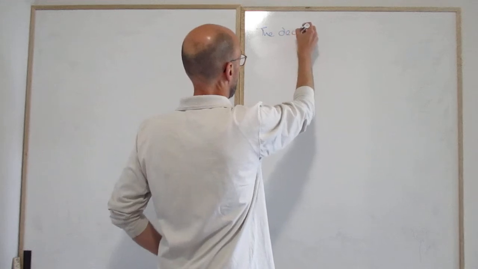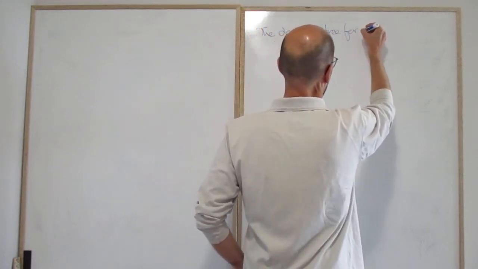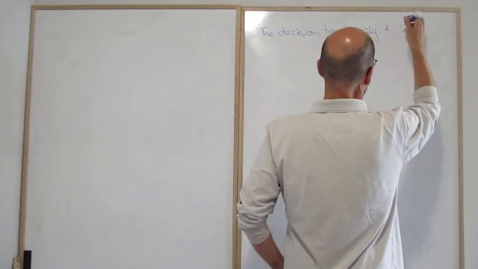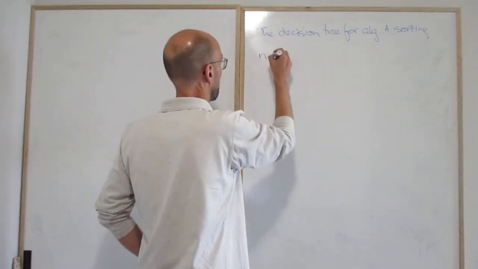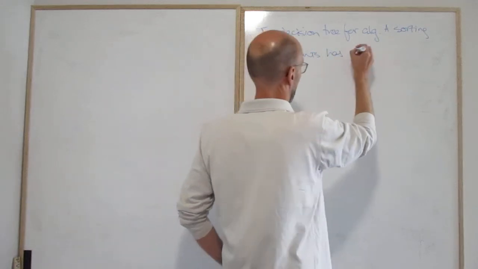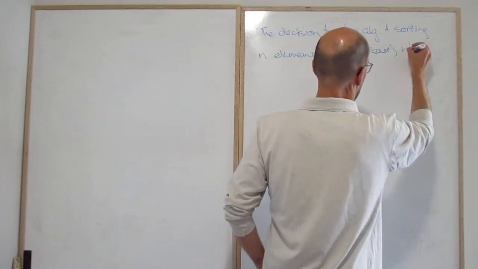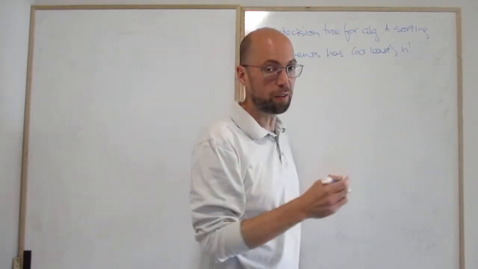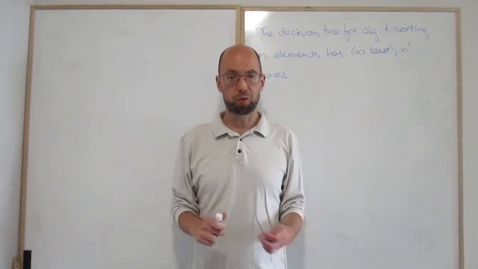So the decision tree for algorithm A, sorting n elements, has at least n factorial leaves, right? Because at each leaf, it says this is the order, and there are n factorial possible orders.